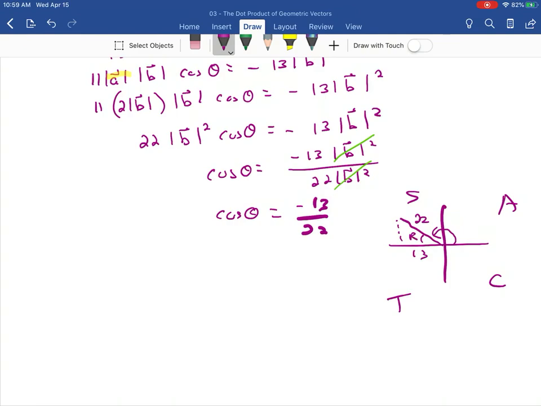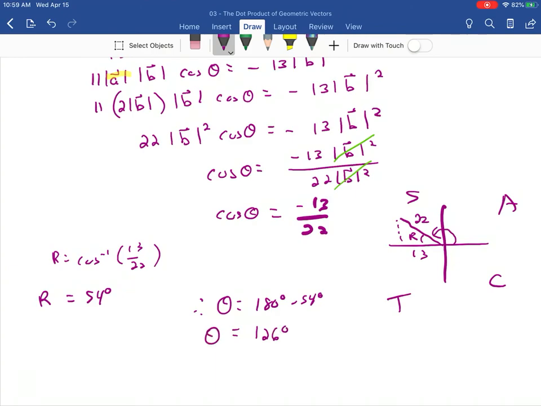So to get that related angle in there, which I'll call R, R is the cos inverse of 13 over 22. When I do cos inverse of 13 over 22, I get 54 degrees as the related acute angle, and therefore theta is 180 minus the 54, and I get 126 degrees.